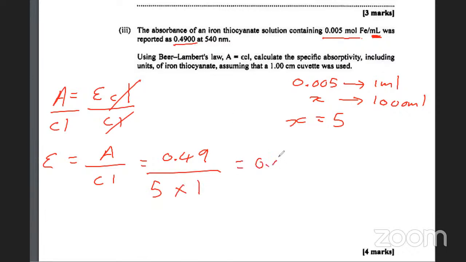It is 0.49 divided by 5, which is 0.098.